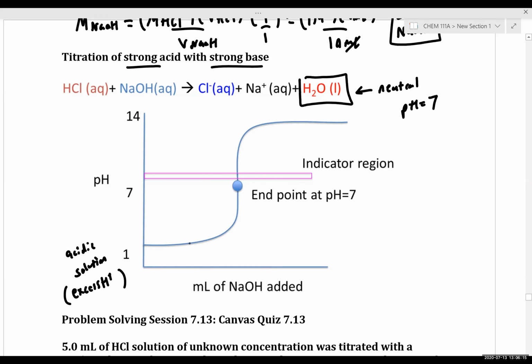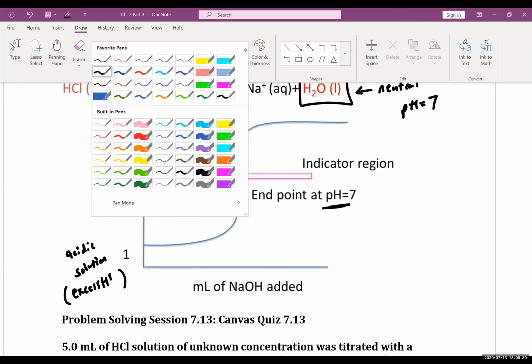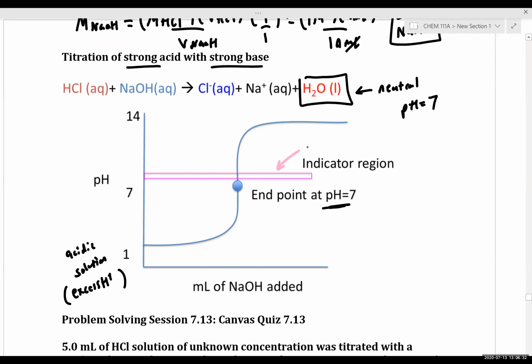As we add sodium hydroxide, our solution becomes more basic. At our equivalence point, which is very close to our endpoint, we're at a neutral solution. And our indicator would ideally change color when we have excess sodium hydroxide added. And the indicator is changing color in response to excess hydroxide. So it's exactly like our strong acid titration, except in reverse.